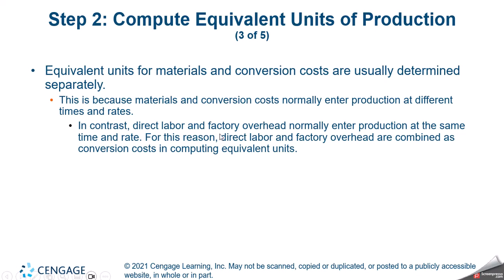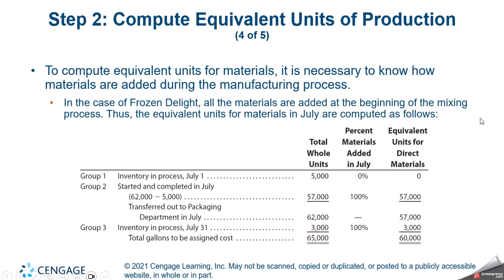So like it says there. A lot of times our materials all come in at once, but then the conversion costs are going to be spread over a little bit longer period of time. So then when we map out those equivalent units of production, we say, okay, we had the 5,000 beginning, and those had all the materials already added to them before, in the month of June. Then we started the 57,000 during the month, and those had 100% of the materials.